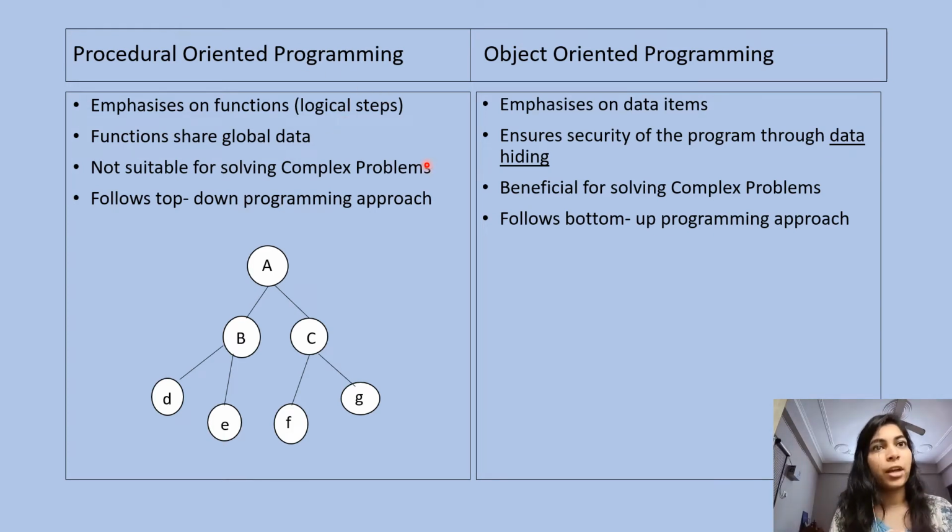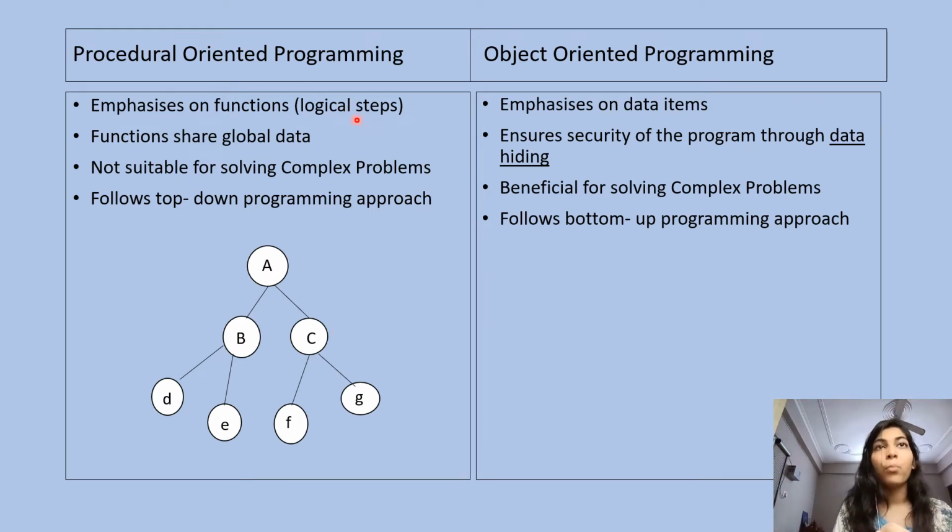So also here we saw earlier in the example that A was the global data, the main program, which further got divided into functions, right? So POP shares global data, hence we can say that it is less secure.